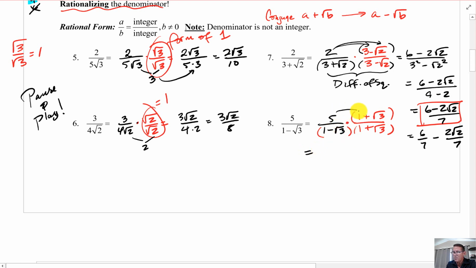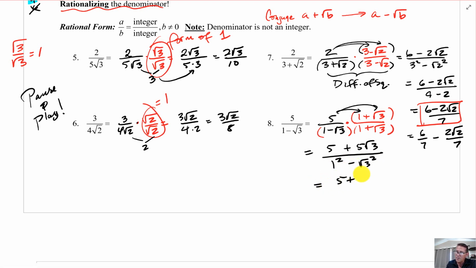So 5 times 1, when you're distributing through, you get 5 plus 5 rad 3. And again, the denominator is a minus b times a plus b, so all I do is square both and subtract. Notice the squares and notice the minus sign. So I get 5 plus 5 rad 3 up top in the numerator, and I get 1 minus 3 in the denominator.